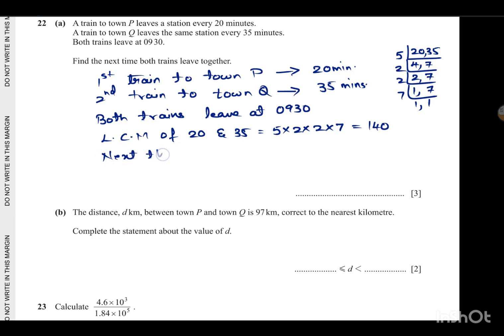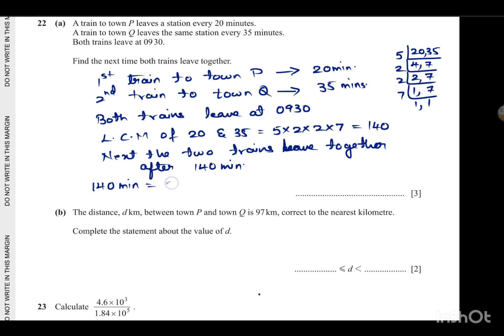So next the two trains leave together after 140 minutes, because 20 and 35 are minutes, so the answer we get is also in minutes. So 140 minutes will be how many hours? 2 hours 20 minutes.